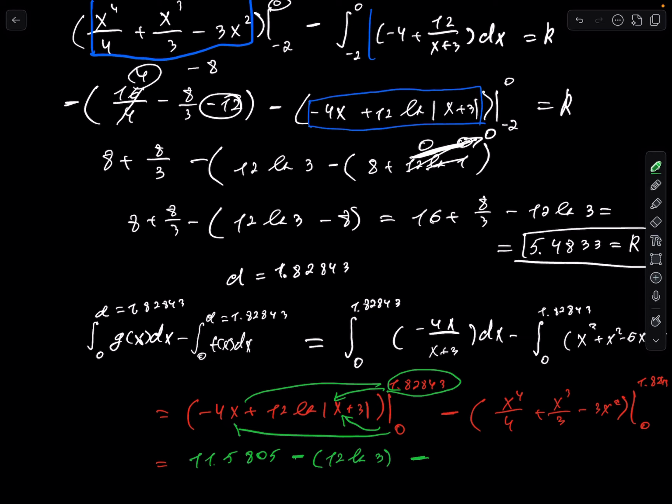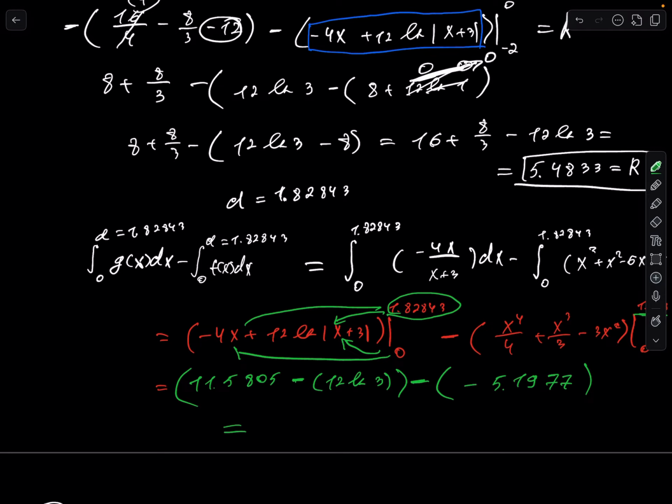And then we have the second part of the expression. Again, I'm going to use a calculator to evaluate it. This is going to be negative 5.1977 minus the function evaluated at 0. It's going to be all 0, so we're not going to write anything there.